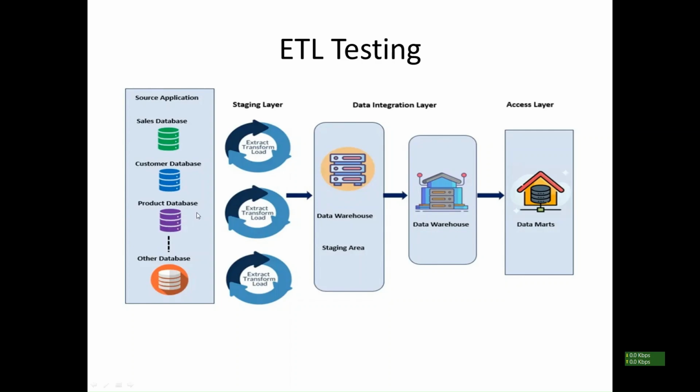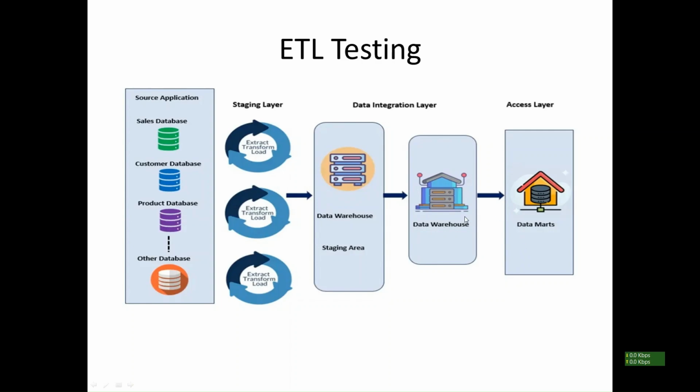If you see in this, from the source the data is moved to a staging area. It is here that we do extracting, transforming, and loading. From that it is moved to a data warehouse. The difference between a data warehouse and data marts is that a large volume of data is stored in a data warehouse, whereas a data mart is for a particular, specific business operation.